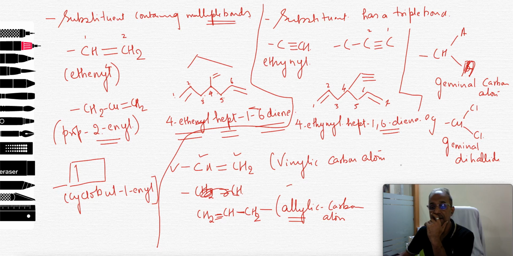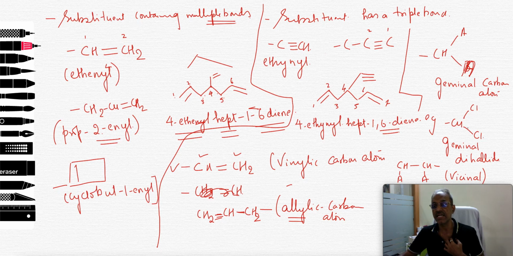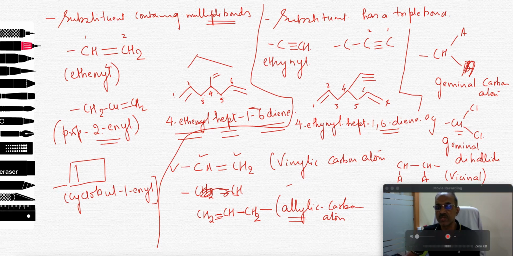And if CH has A and the next CH has A, then this will be vicinal. Similarly, if halides are present, it will be known as vicinal dihalide. Geminal dihalide has the same functional group on the same carbon atom, and vicinal has the same functional group on two different carbon atoms. Fine.